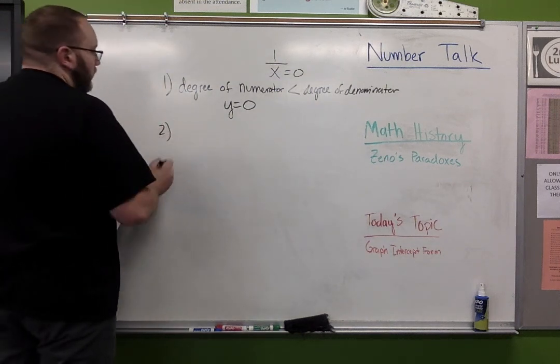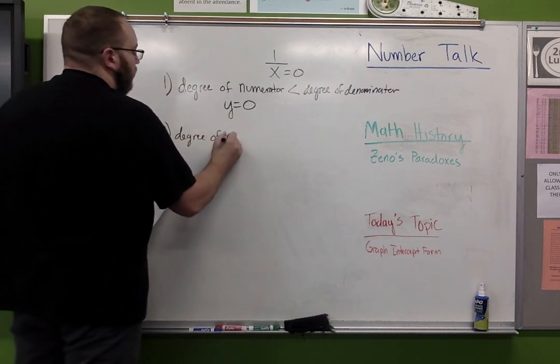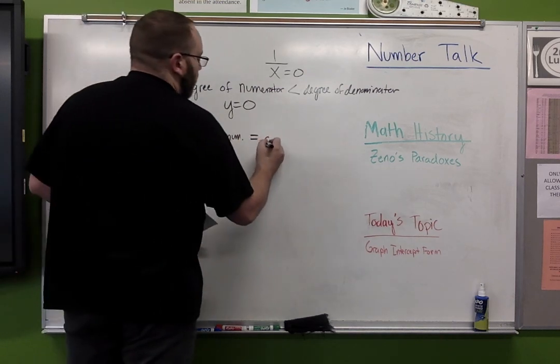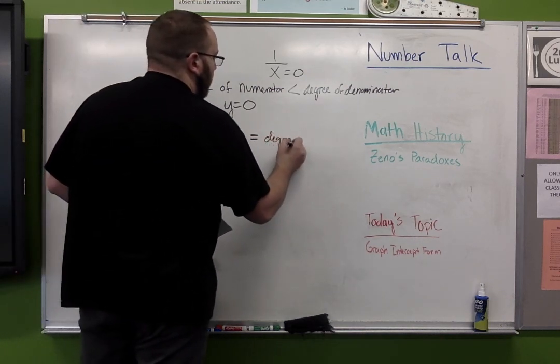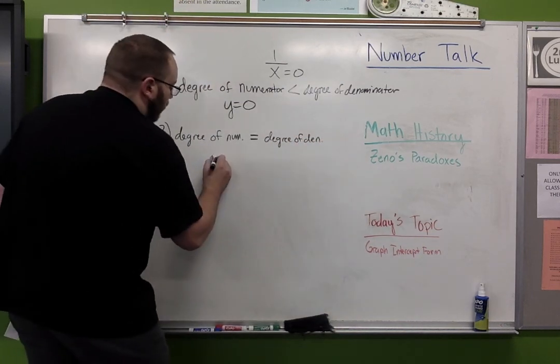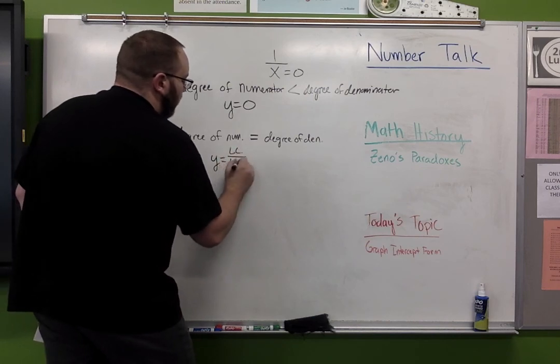2. If the degree of the numerator is equal to the degree of the denominator, then y equals leading coefficient divided by leading coefficient.